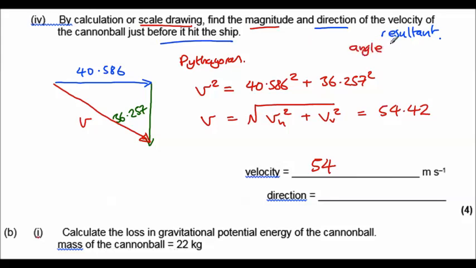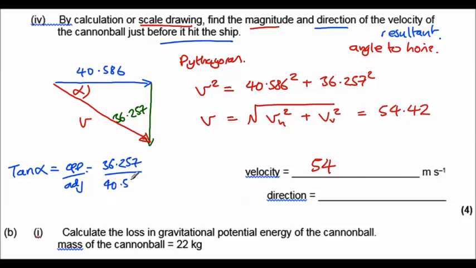So why don't we just say angle to the horizontal, which in this diagram, there's the horizontal, is going to be that there, and you can just bring out your old trigonometry skills and go, right, tan of angle alpha is going to be opposite over adjacent, so it's going to be 36.257, here we go again, divided by 40.586.